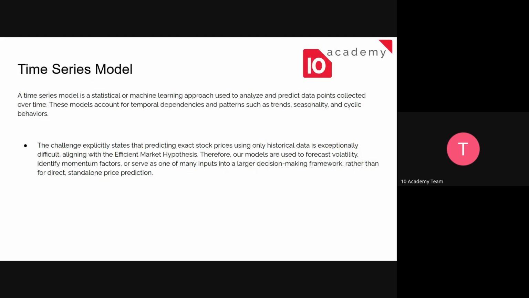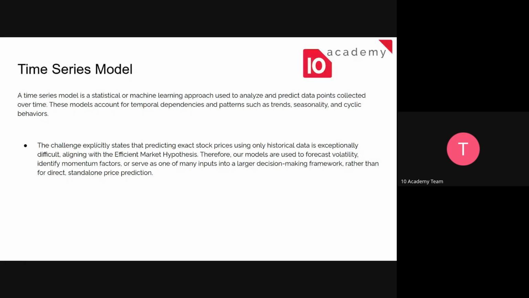In order to take measurements on that type of data, we use the time series model. In reference to this week's challenge, it states that predicting exact stock price using all historical data is exceptionally difficult, aligning with the efficient market hypothesis.